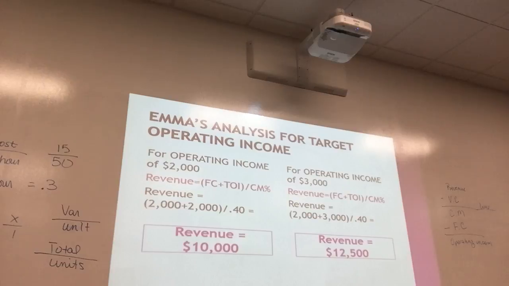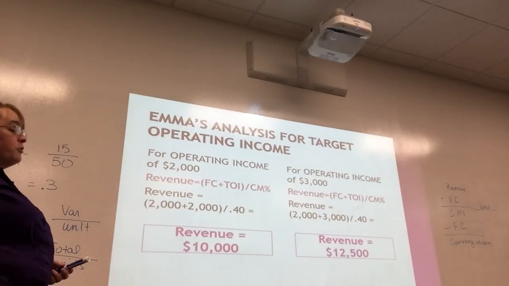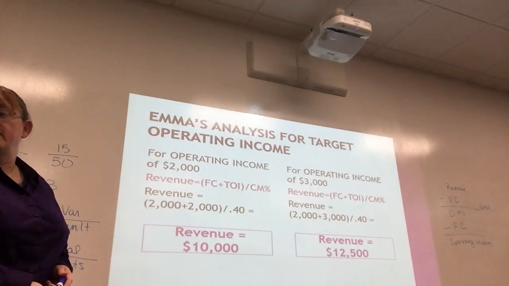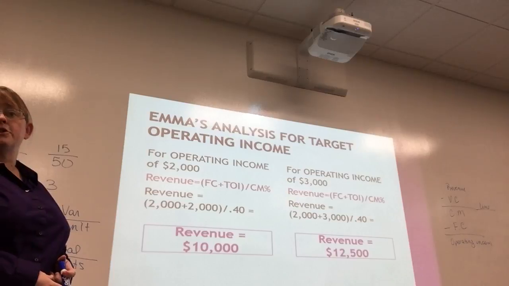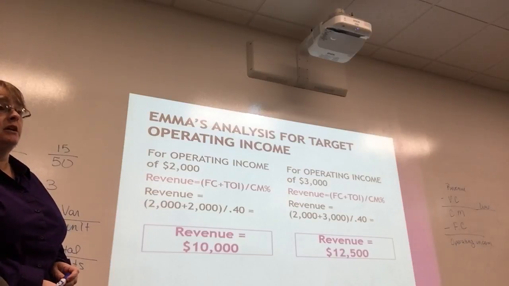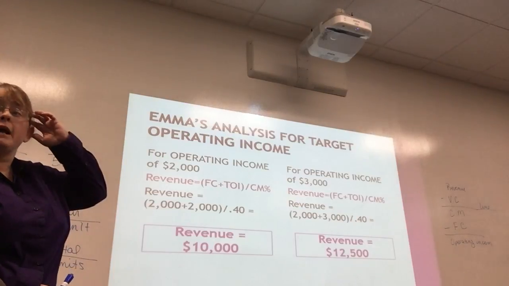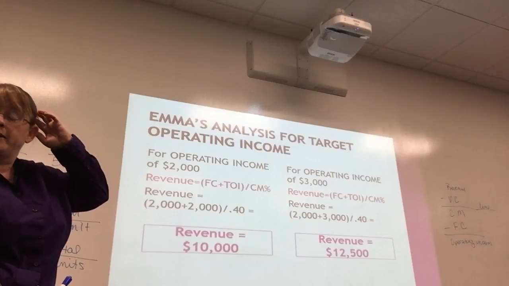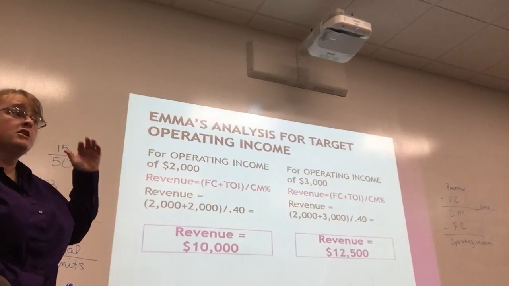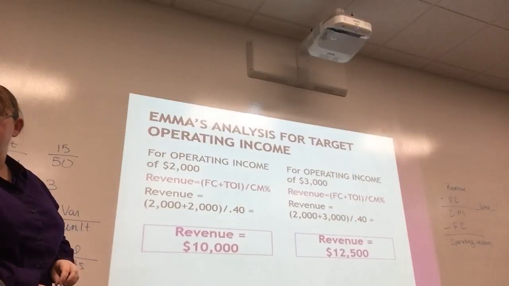So if you know what your fixed cost is, you know what you want, and you know your contribution margin, and basically what's contribution margin? How much of your revenue minus your variable expenses contributes to covering the fixed cost?